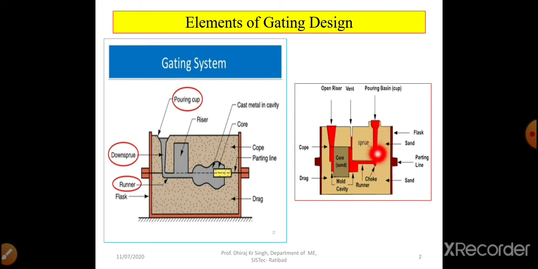This vertical trapezoidal section is known as sprue, and the top portion from which we are pouring the molten metal is known as pouring basin or pouring cup. And all these portions are completely filled or rammed by sand. This portion which I am pointing at with the cursor is our sand.